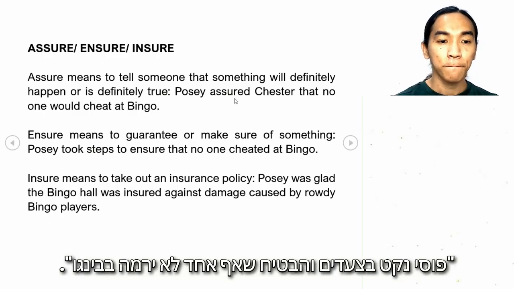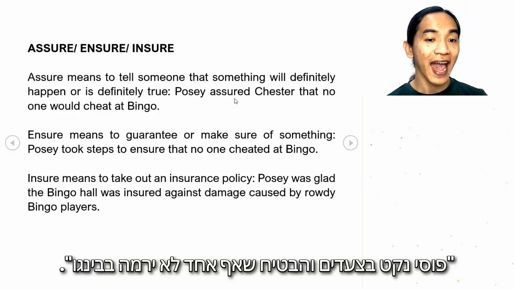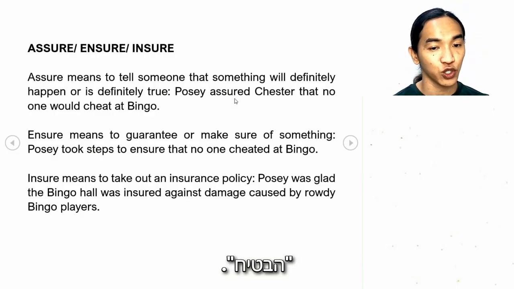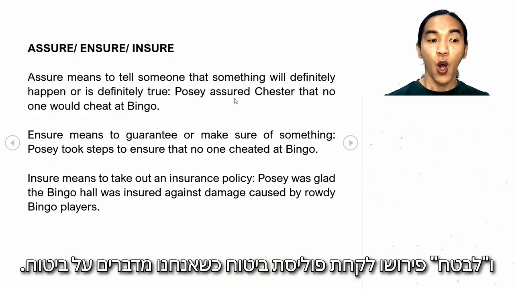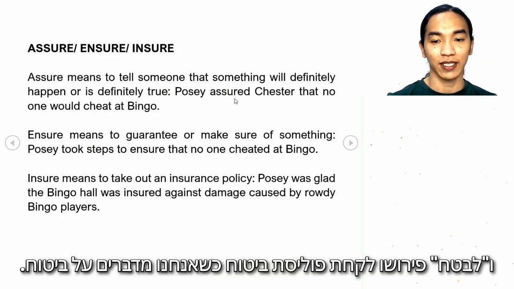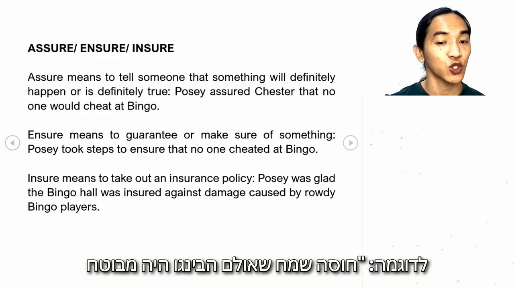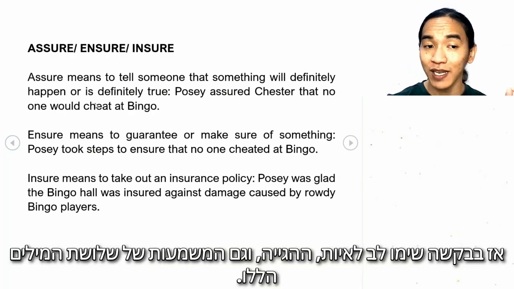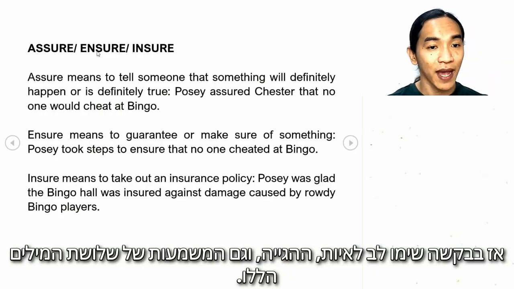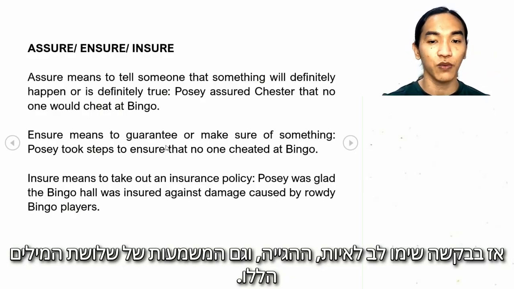So, Posey took steps to ensure that no one cheated at bingo. Okay, and insure means to take an insurance policy when we're talking about insurance. Example: Posey was glad the bingo hall was insured against damage caused by rowdy bingo players. Okay, so please take note of the spelling, the pronunciation, and also the meaning of these three words.